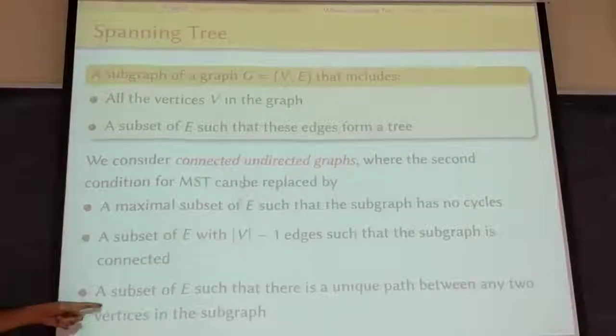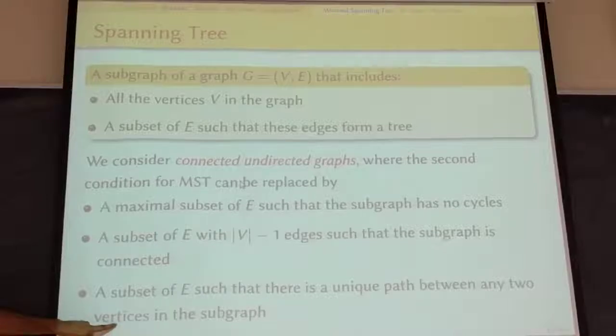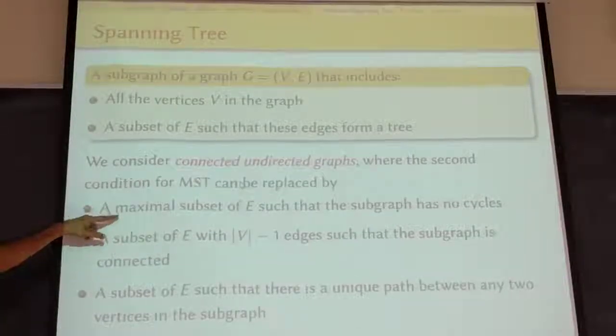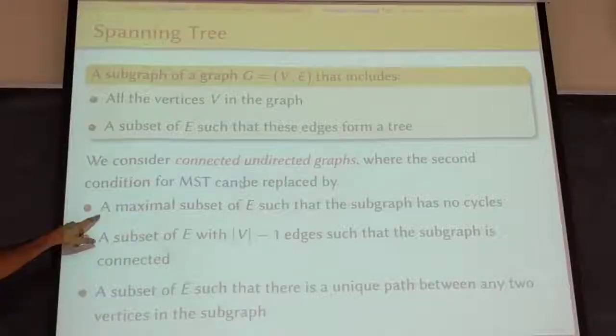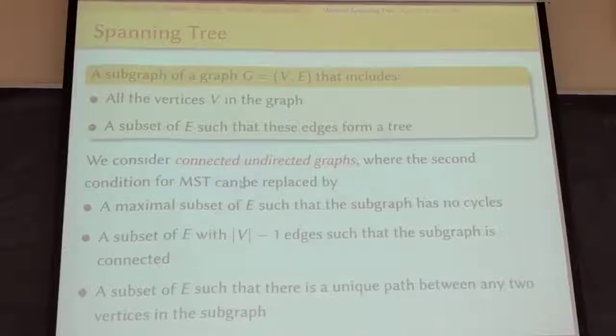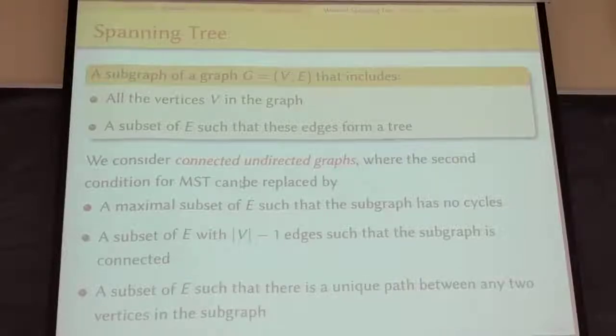These three conditions are all equivalent. For instance, if there is more than one path between two vertices, that means there's a cycle. Anything that violates one will also violate the others, and so on. You can think about it and convince yourself that these three conditions all define what it means to be a spanning tree.